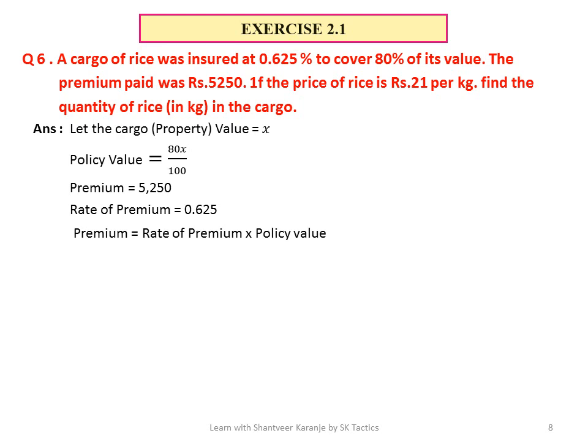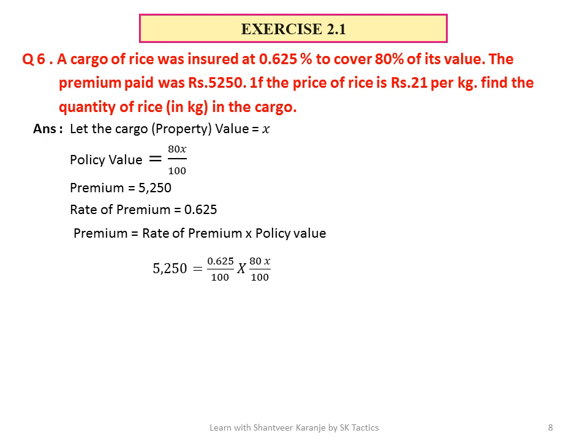With premium equal to rate of premium into policy value, we can easily calculate the value of X, meaning property value. By putting all values, this becomes 5,250 is equal to 0.625 by 100, which is the rate of premium, and policy value 80X by 100.